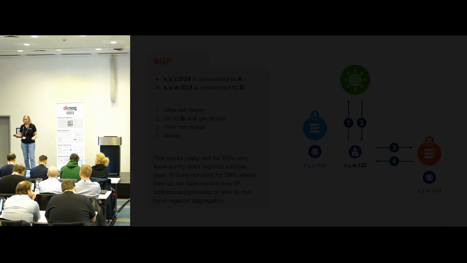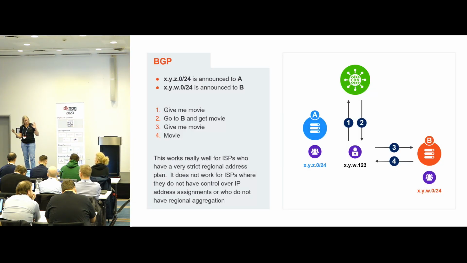Right. Okay. Quick recap on how a very BGP-centric CDN is working, and this one I can say is Netflix, one of the CDNs I know the best. Basically, in short, cluster A has a /24 assigned to it or announced to it. The other cluster has a different /24.